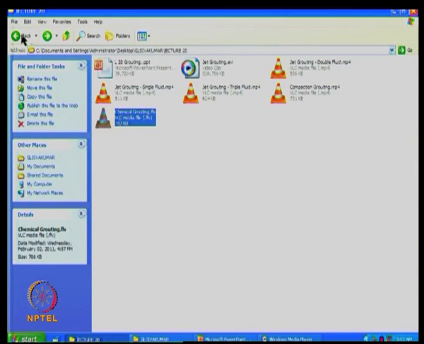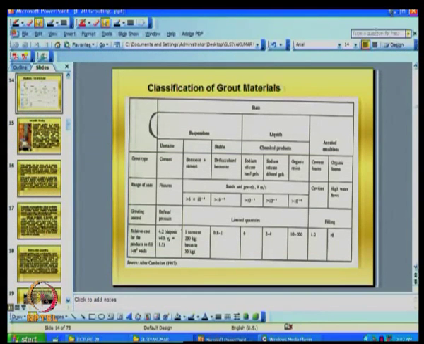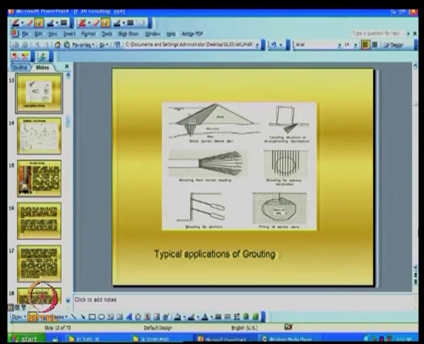So, these are all different types of materials, and as I just mentioned, these are all the different types of applications. Of course, applications could be too many.